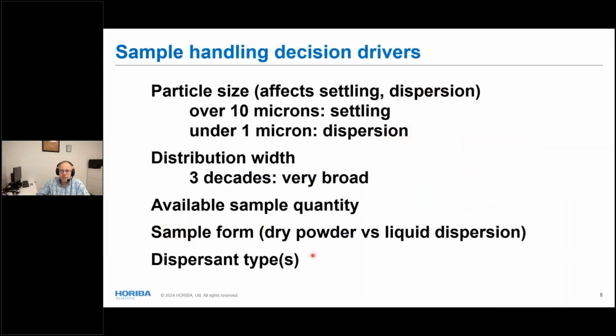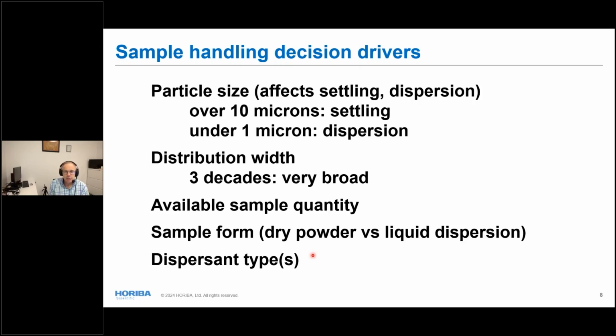So what drives the decision for which sample handling we pick? First is the particle size. If you have very large particles, settling is going to be a consideration, and you'll want to make sure your particles remain entrained in the suspension rather than gravity taking them out of the measurement region.